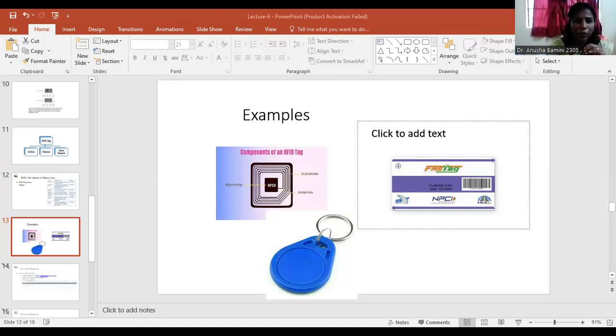Then the second one is the infrastructure process. Infrastructure process means wastewater management, wastewater collection and treatment, then oil and gas pipeline checking, electric power transmission. Oil and gas pipeline systems are very crucial to check whether any leakage is there or not.